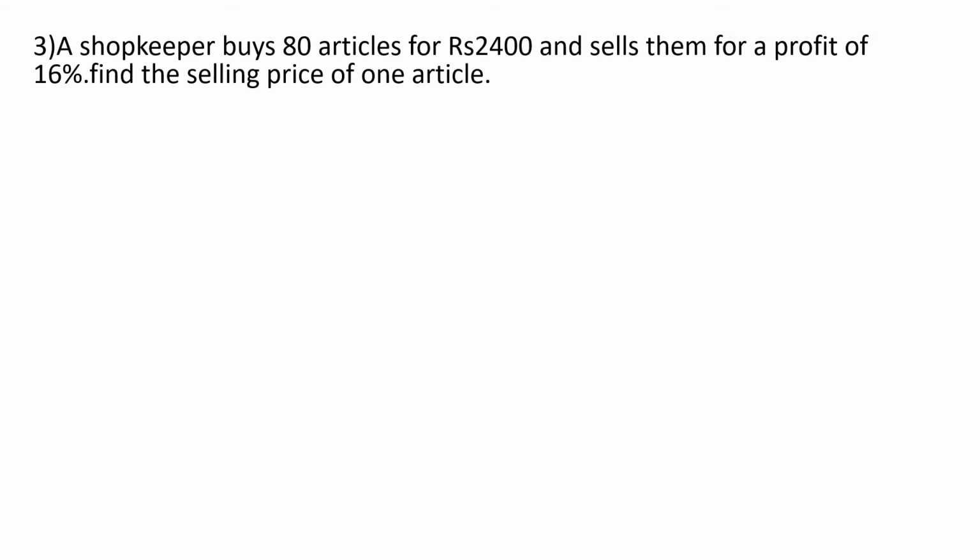That means this is the cost price, 2,400. He bought 80 articles and sold them and got a profit. That means the selling price is greater, that's why he is getting a profit. Selling price and cost price you have already learned in your smaller classes, right?